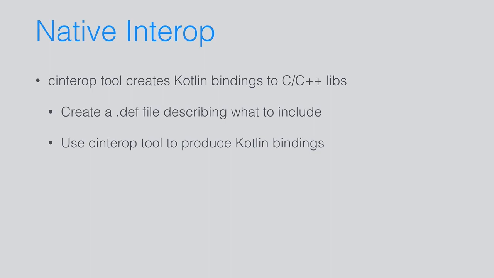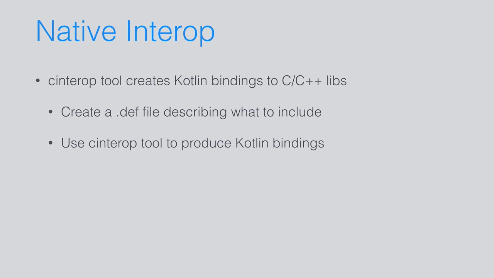And then you process that with the C Interop tool, and that produces Kotlin bindings. And Kotlin bindings aren't another layer. They're not an adapter layer where you're talking through some sort of auto-generated Kotlin classes or anything like that. You can think of it as effectively header files.